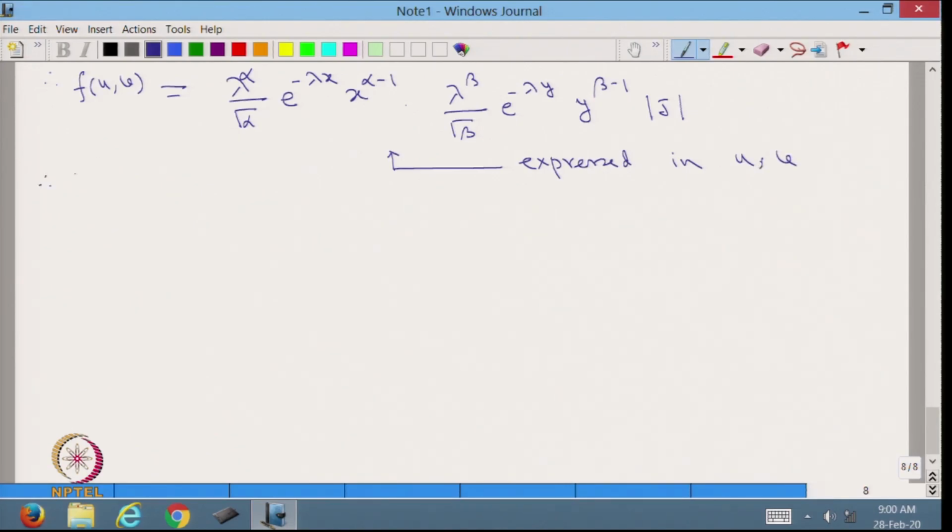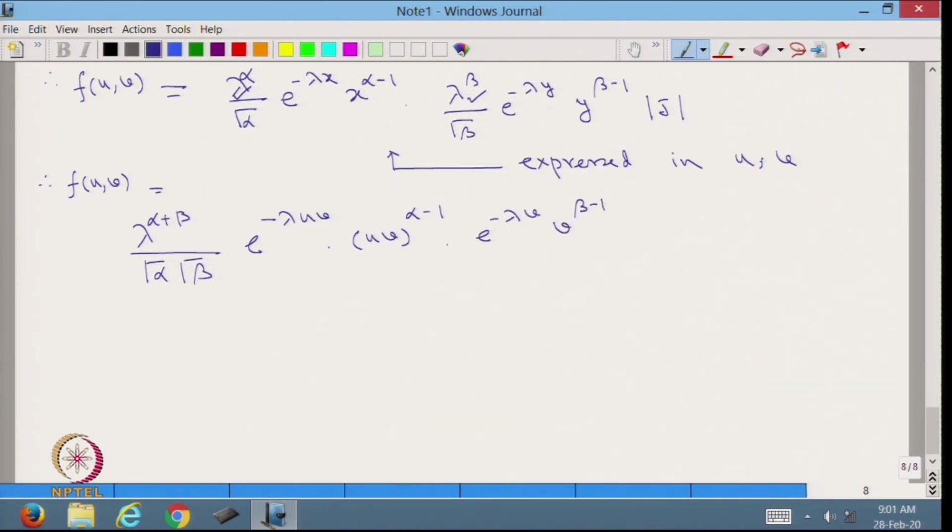Therefore, f u v is equal to lambda power alpha plus beta, I take out the constants, upon gamma alpha gamma beta, e to the power minus lambda u v into (u v) to the power alpha minus 1, e to the power minus lambda v, v to the power beta minus 1, into v. This is from the Jacobian.